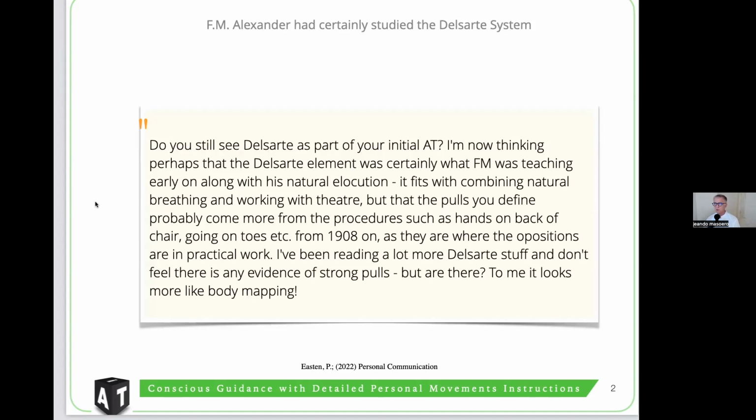But that the pulls you define probably come more from the procedures such as hands on the back of a chair, going on the toes from 1908 on, as that is where the opposition is in practical work. And she says, I've been reading a lot more Delsarte stuff and don't feel there is any evidence of strong pulls, but are there? To me, it looks more like body mapping. So I prepared an answer to that question.